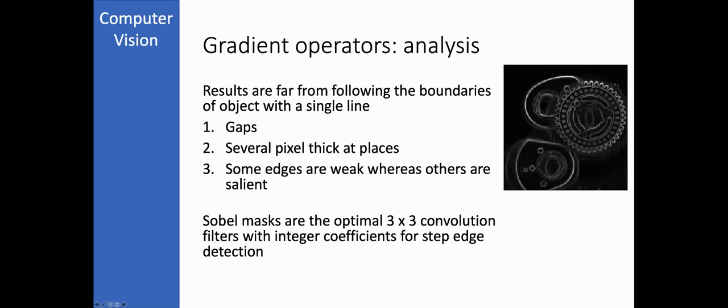And while some edges are strong, others are weaker due to the changes in the illumination. So it's far from perfect. However, this is a good start, and we'll see that this is used for further edge detection methods. And the idea here is that the Sobel masks are really the optimal 3x3 convolutional filters with integer coefficients for step edge detection. And this will become clear as we move forward.